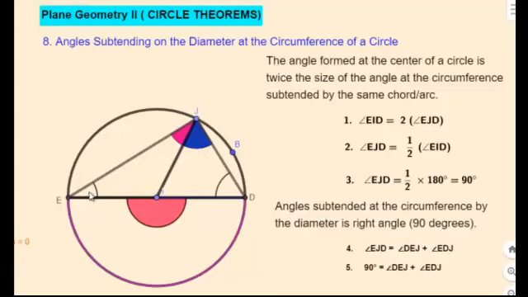But assuming you know only one of them, then it must be easy to find the other angle, because knowing that these two base angles added together may give you 90 degrees. If we know this to be 40, it tells you that this angle is also 50 degrees. There is no need for you to go and add everything in the triangle and tell us the value of the other angle.